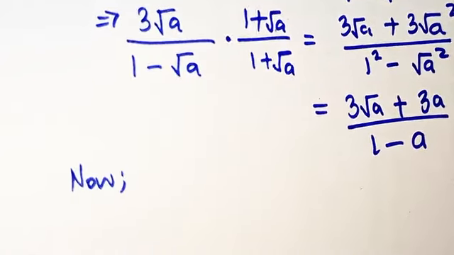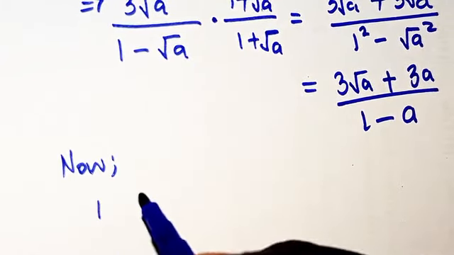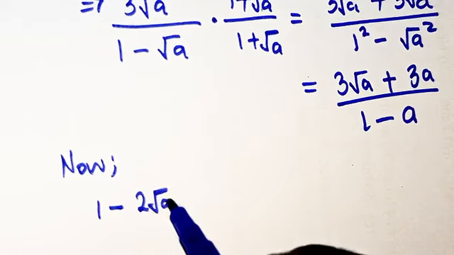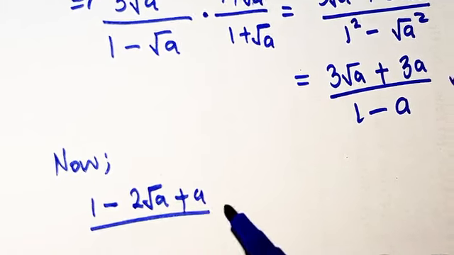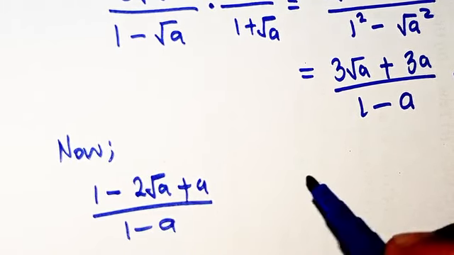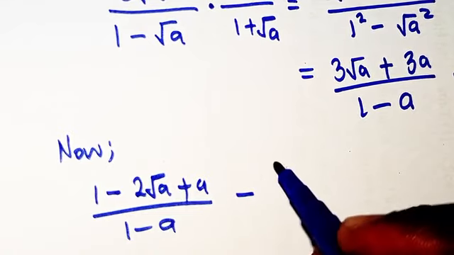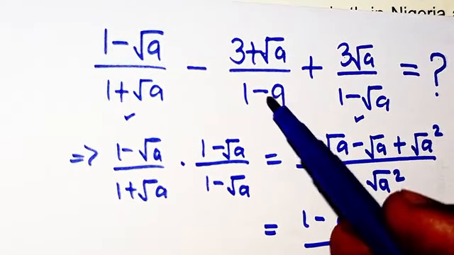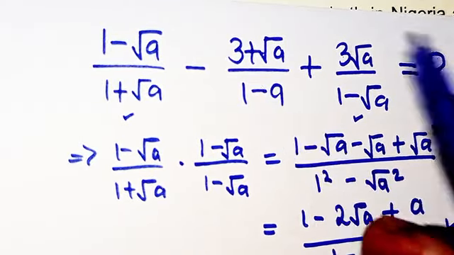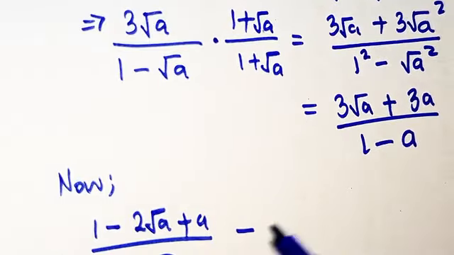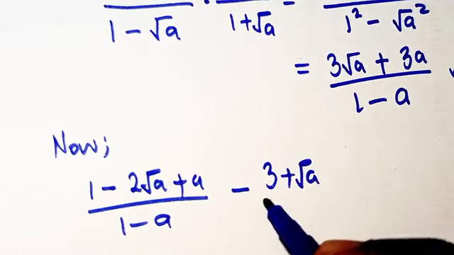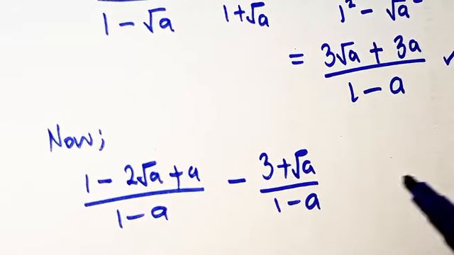So I'm going to put 1 minus 2 root a plus a all over 1 minus a, then minus, for this one we have 3 plus root a over 1 minus a. I didn't tamper with this, so I'm going to bring it down. So I have 3 plus root a, then all over 1 minus a.